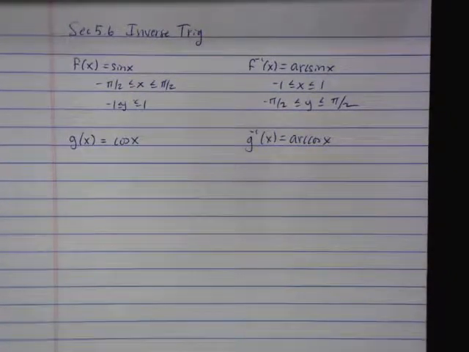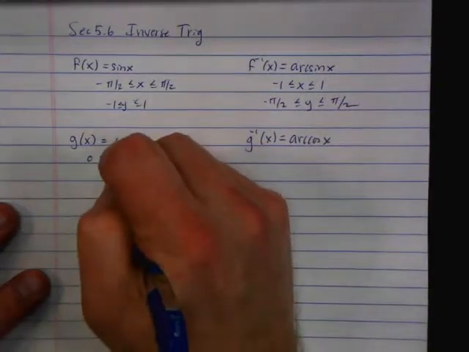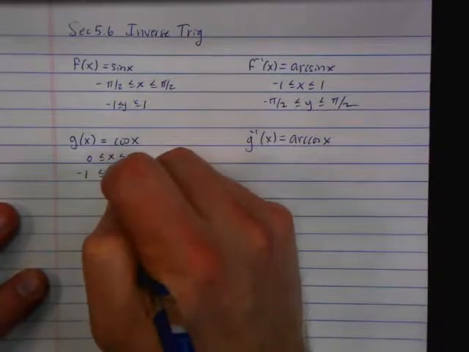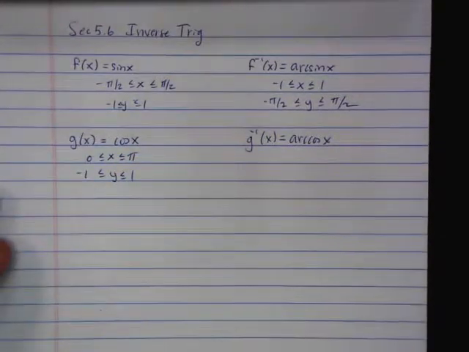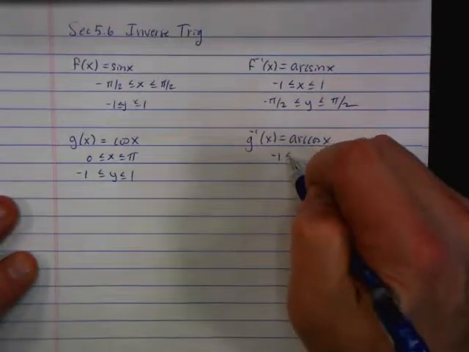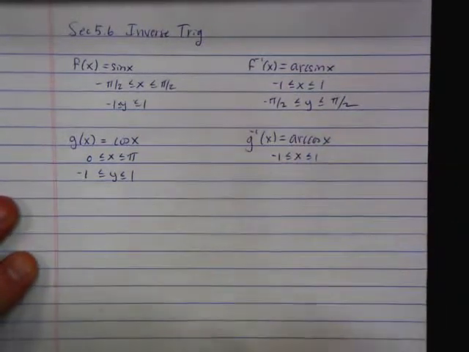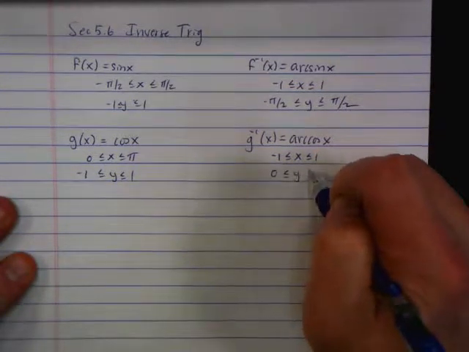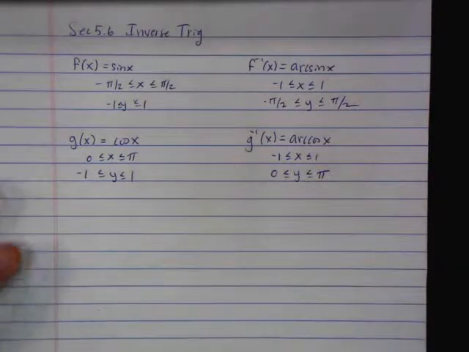What did we have to use for a domain for cosine to be able to talk about arc cosine? 0 to pi. And our y value still went between negative 1 and 1. So for arc cosine, our x values are between negative 1 and 1, and our y values are angles between 0 and pi.